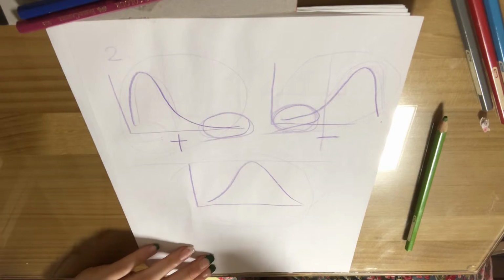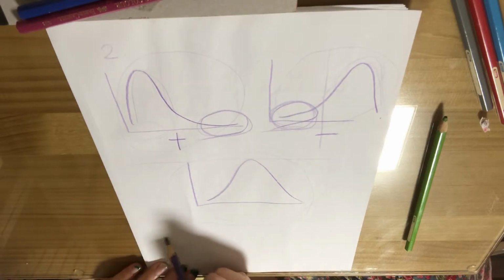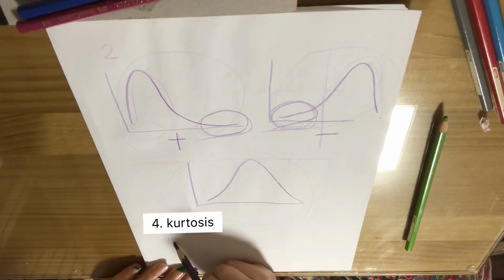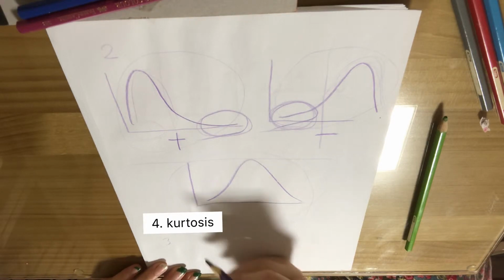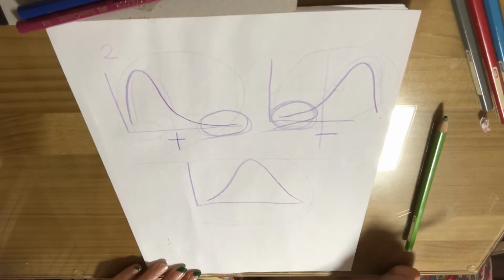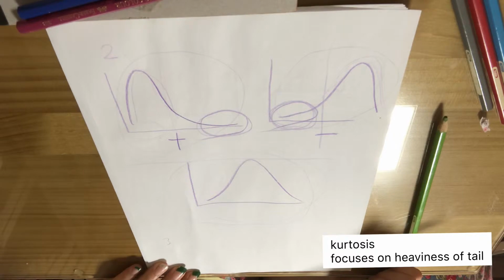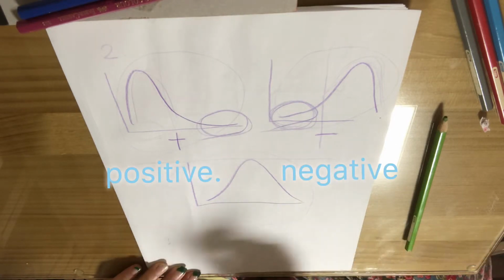And the third one is kurtosis. I wish my pronunciation is right, but the spelling is this. So kurtosis is also divided into positive and negative.